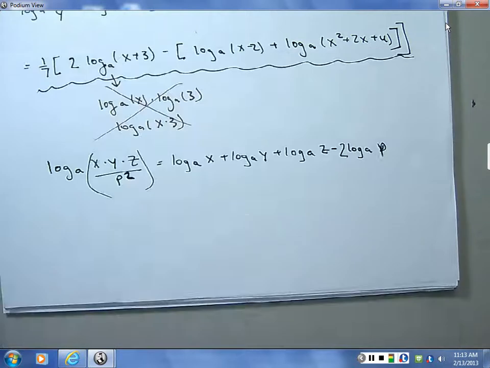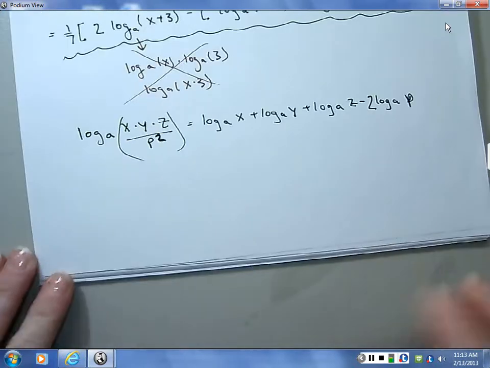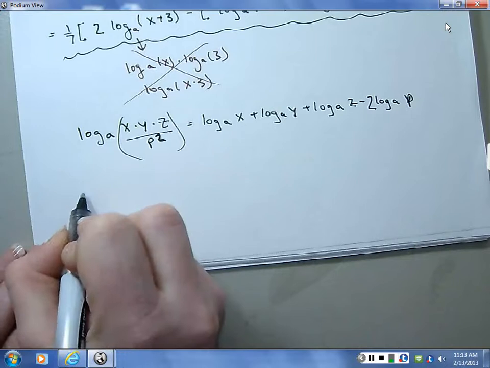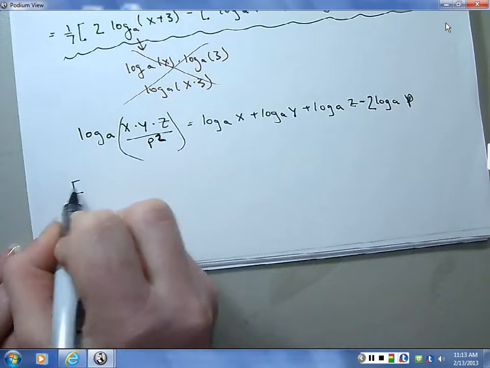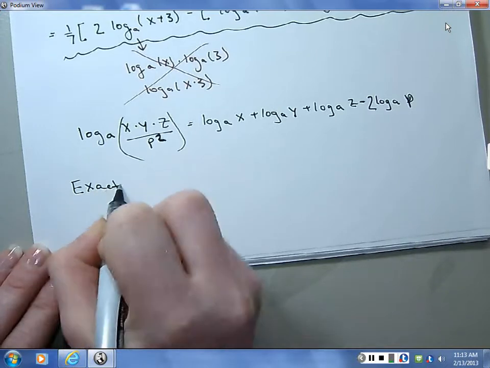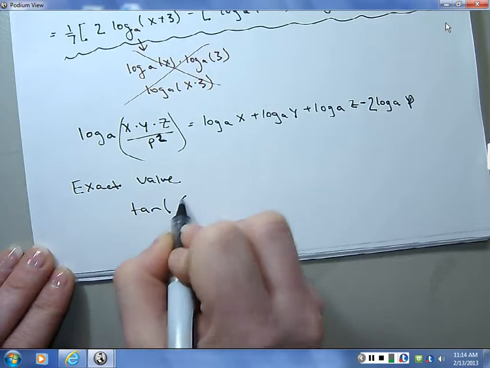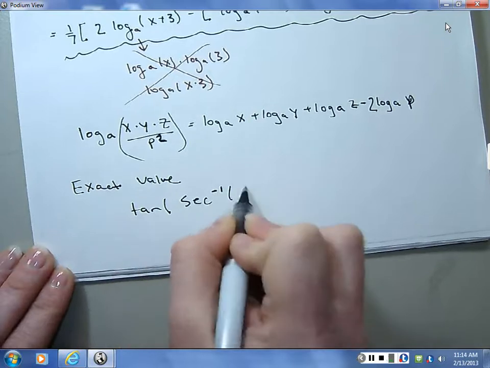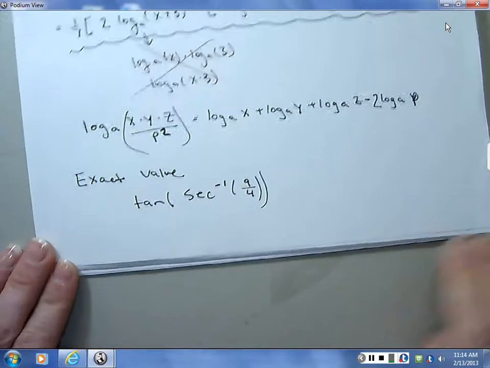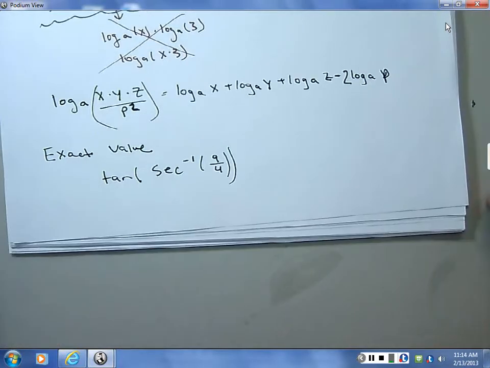Let's look at how we would go about, this is a little bit different form, but along the same idea. So find the exact value of tangent of secant inverse of 9 over 4. So there's a lot going on here.